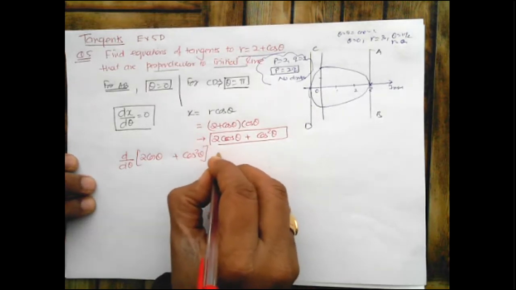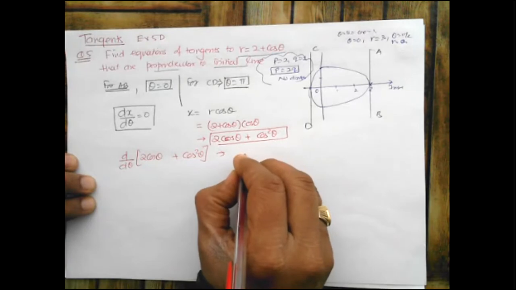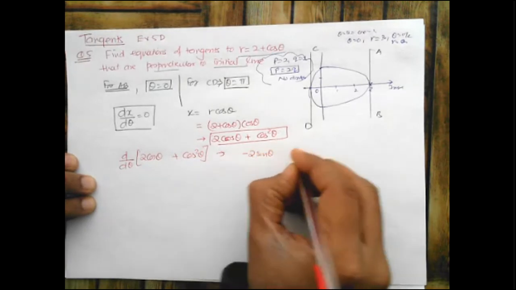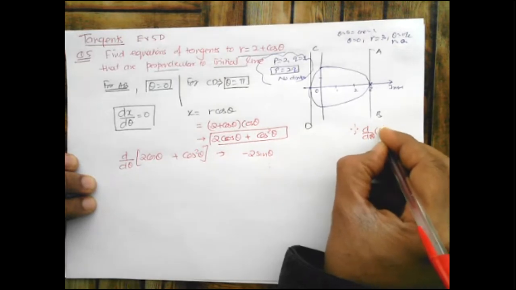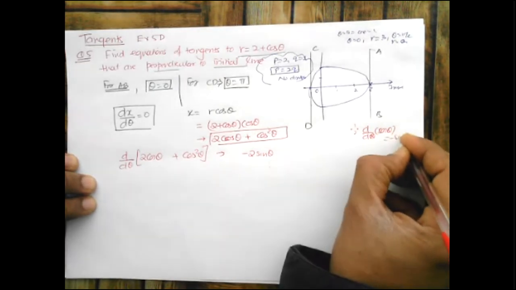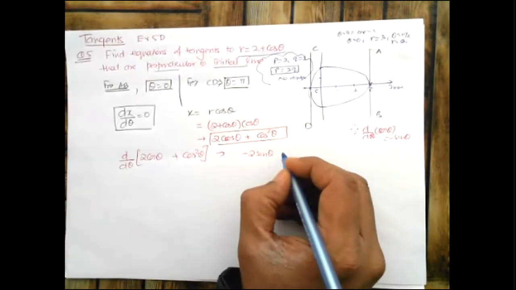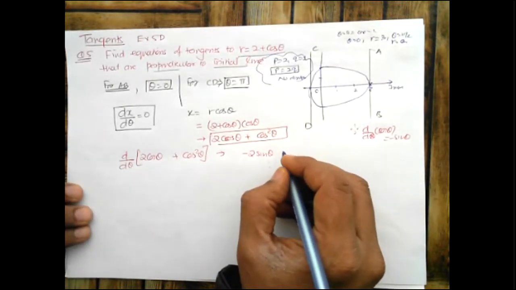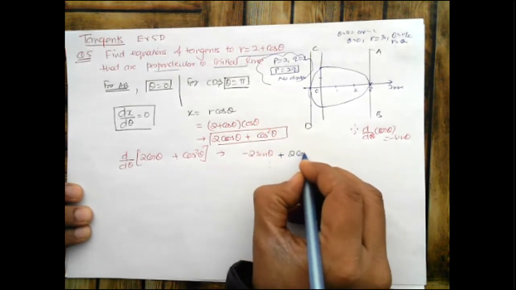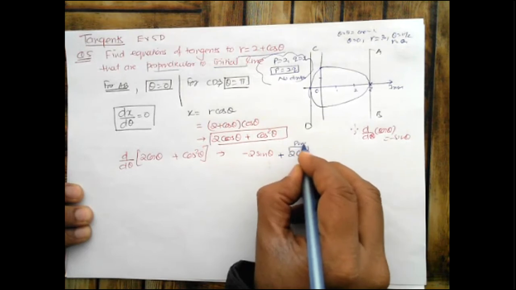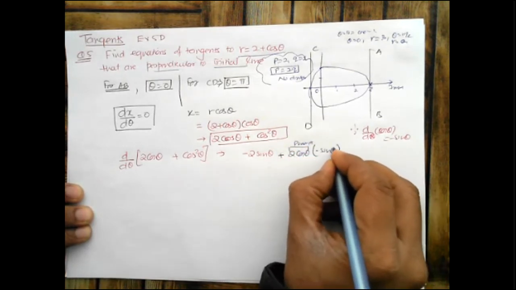Okay, and guys, differentiation is a straightforward process. We differentiate both terms separately. That gives you minus 2 sine theta, because you know that the differentiation of cos theta is minus sine theta. Then for this one, I'll use the normal rules: plus 2 cos theta, that's the power rule, and then times it by the differentiation of cos theta using the chain rule, which gives you minus sine theta.